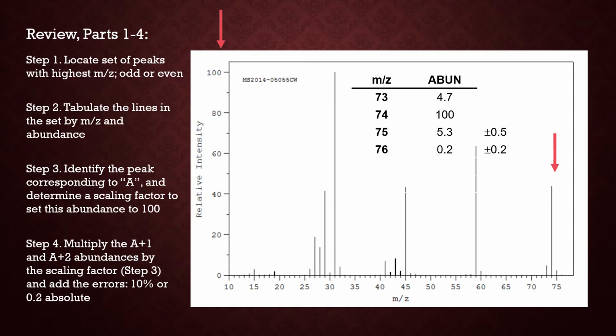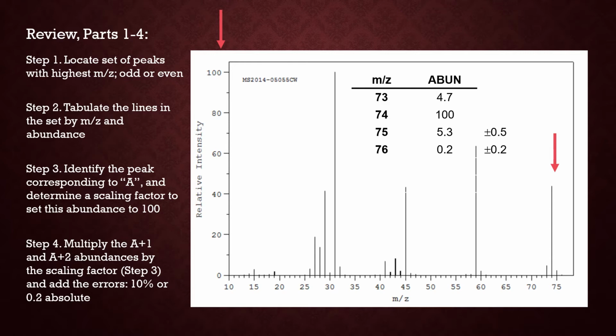Next, if the line is not at 100% abundance, we find a scaling factor which we multiply against that 43 to become 100, and then apply that same scaling factor to the A+1 and A+2. Here I changed the table accordingly.